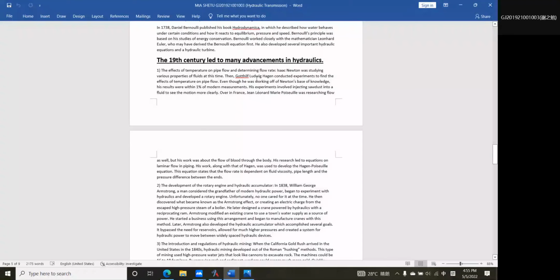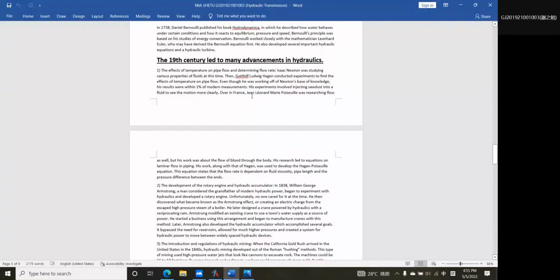Then Gotthilf Hagen conducted experiments to find the effects of temperature on pipe flow, even though he was working off Newton's base of knowledge. His results were within 1% of modern measurements. His experiments involved injecting sawdust into a fluid to see motion more clearly.